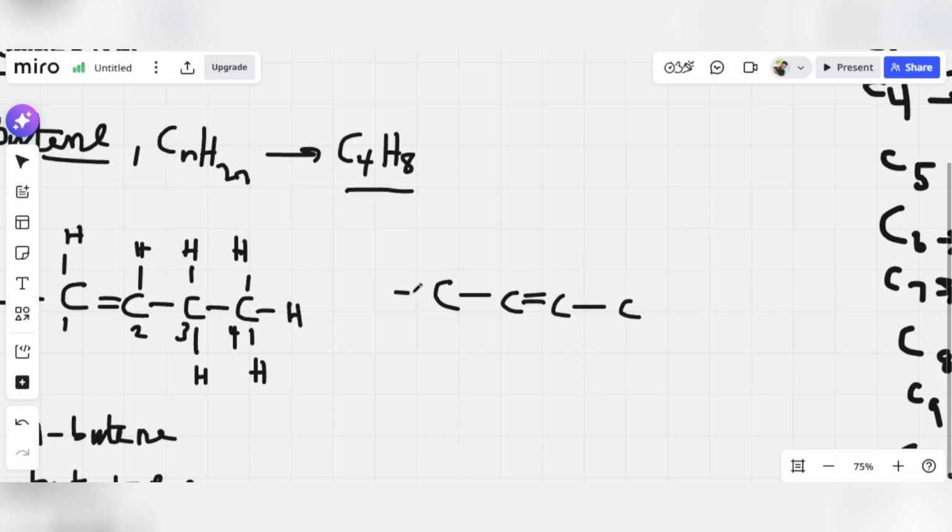Then let's put our hydrogen: 1, 2, 3, 4, then 1, 2, 3, 4, 1, 2, 3, 4. So this one is also balanced. Then this guy 1, 2, 3, 4. So this one is also balanced like that.